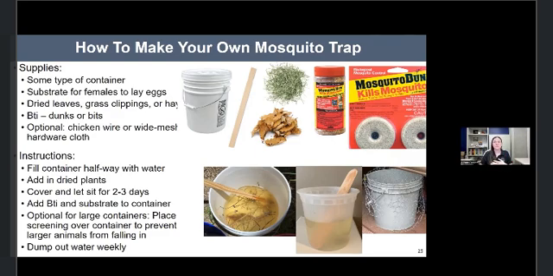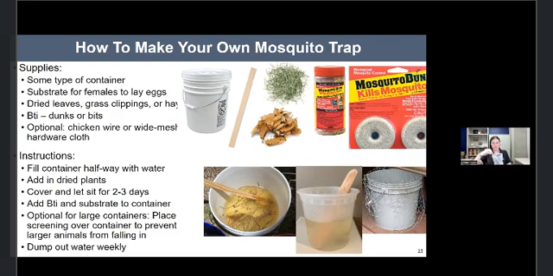You're going to need some sort of substrate for especially the Aedes females to lay eggs on. If you're using something like a 5-gallon bucket, go to your hardware store and get, which is next to the 5-gallon bucket pictured here, a paint stick. They usually will give one or two to you for free. If you have a smaller container like this, you can use a popsicle stick.